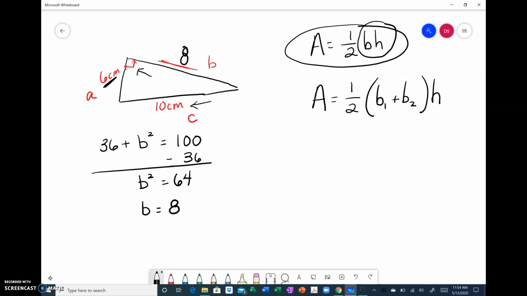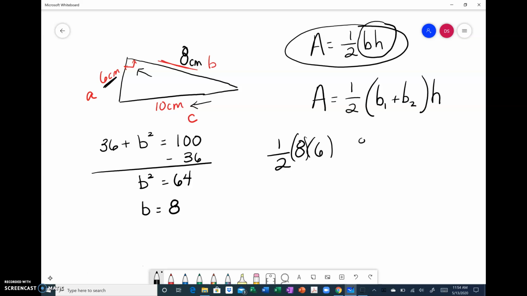Now I can find the area by saying 1/2 of 8 times 6. Now this time, because I don't need a calculator, I'm going to show you a different way that they can be solved. Hopefully I'm not totally throwing you off. If you don't want to know a different way, just solve it and go on. But 1/2 of 8 times 6 can be written like this.